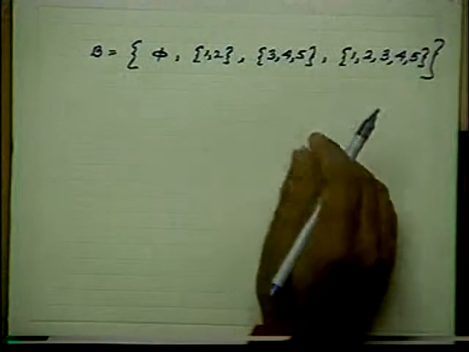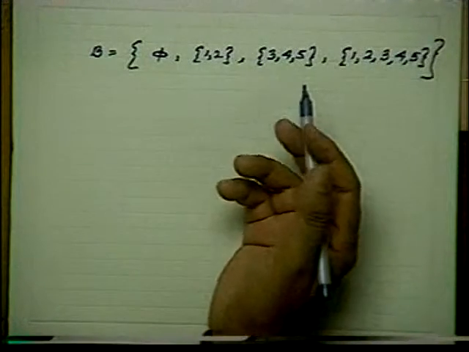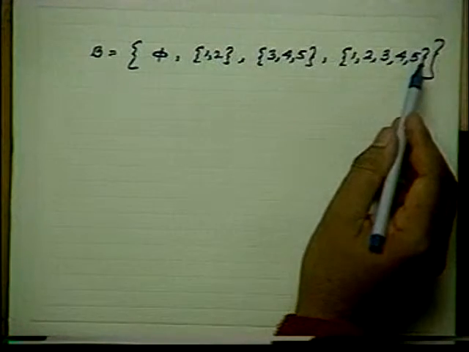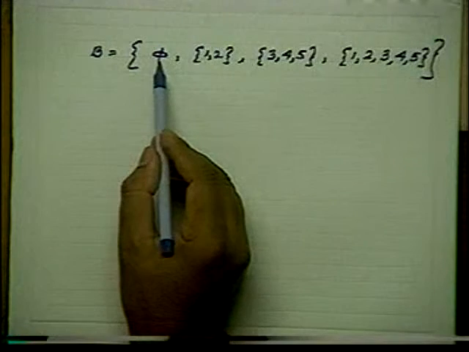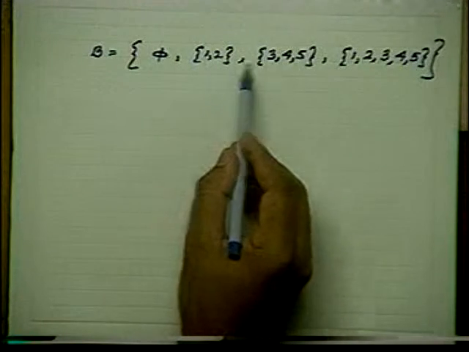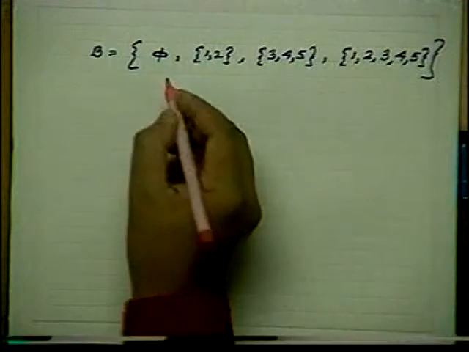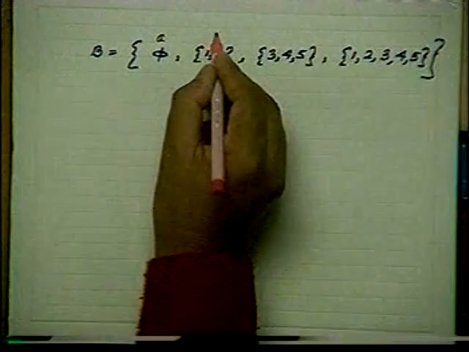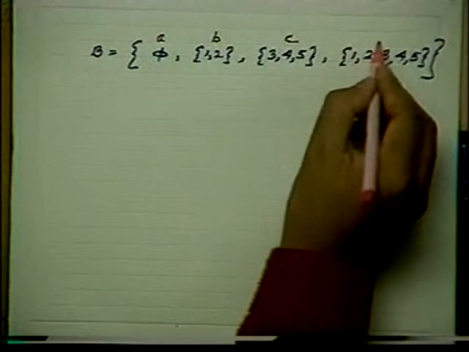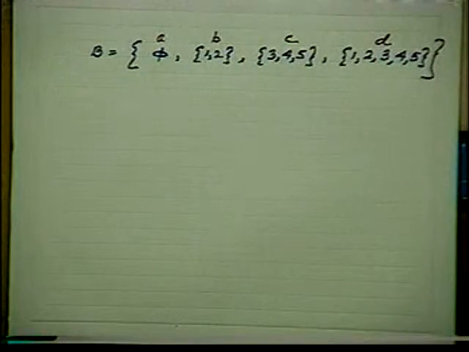Say this is my B, that means a set of subsets of {1, 2, 3, 4, 5}. There is a void set I have taken, and the subsets. Let me name them as A, B, C, and D.